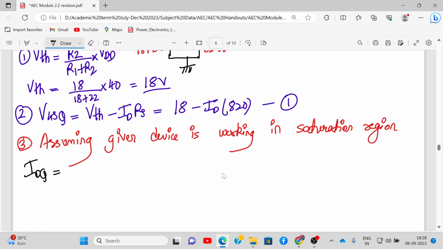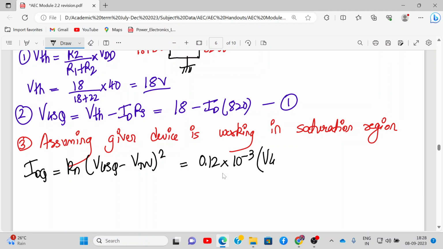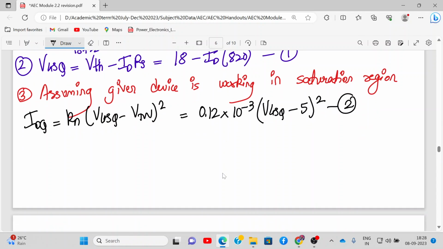IDQ is equal to Kn times VGSQ minus VTN the whole square. So this will be 0.12 into 10 raised to minus 3 times VGSQ minus 5. VTN is 5 volt. So this is equation number 2.